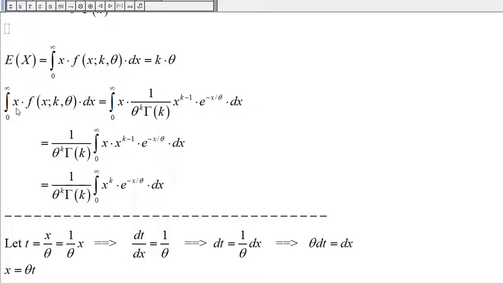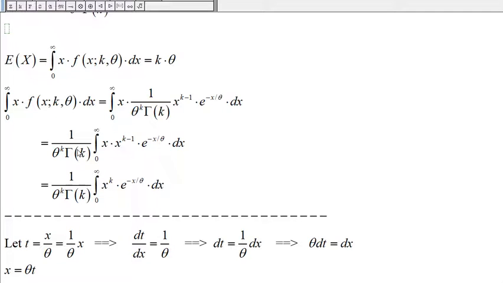So here we have x times f of x, which is x times the probability density function here. This integral is with respect to x. Therefore, this expression 1 over theta to the k times gamma k is just a multiplication constant.